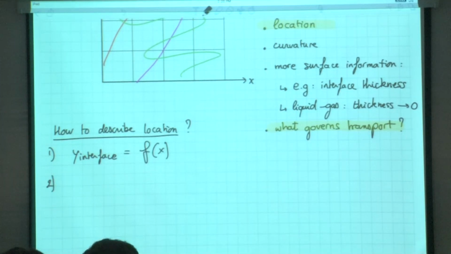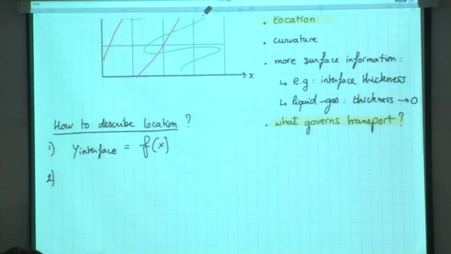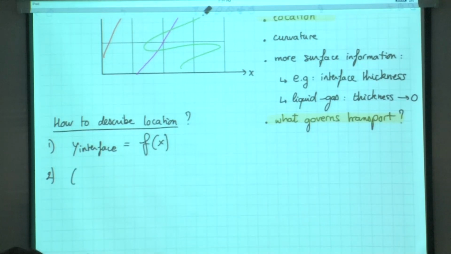The something better that we're going to look at is some sort of a parametrization of x and y of the interface written as a function of time. Okay, that's going to be probably the next logical step.